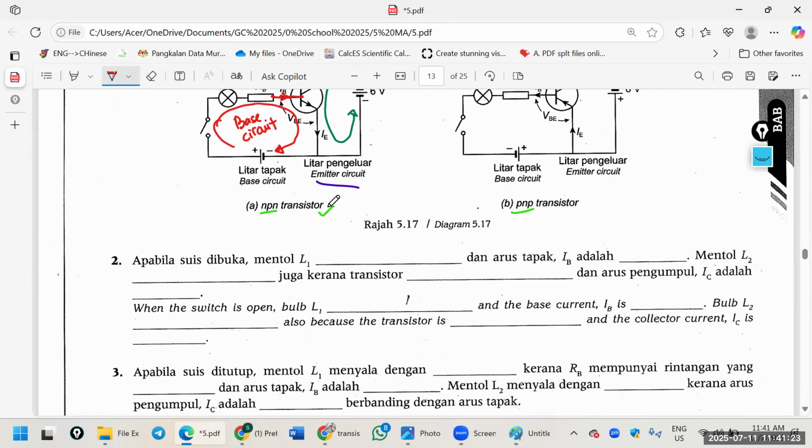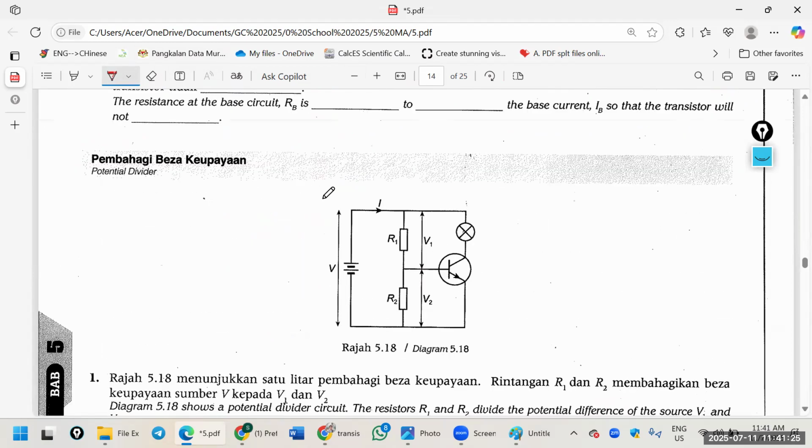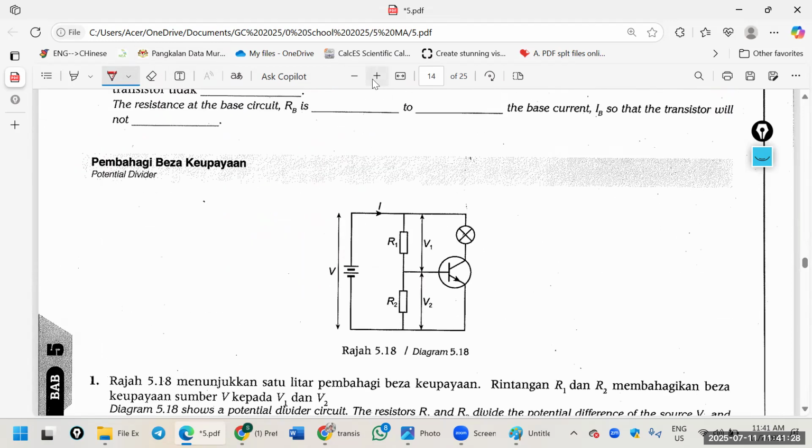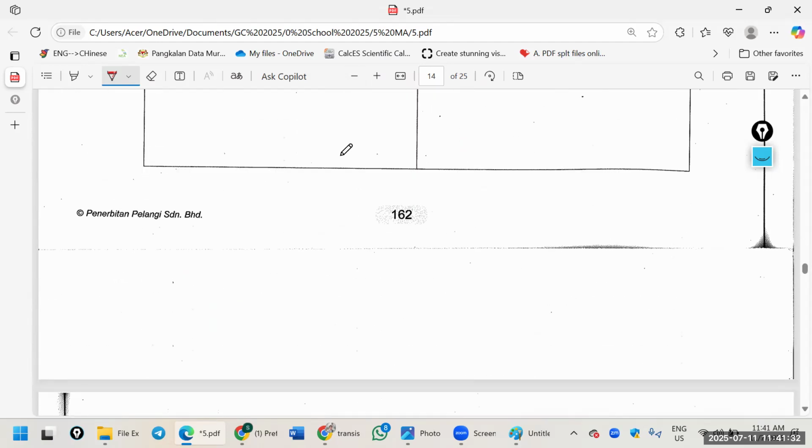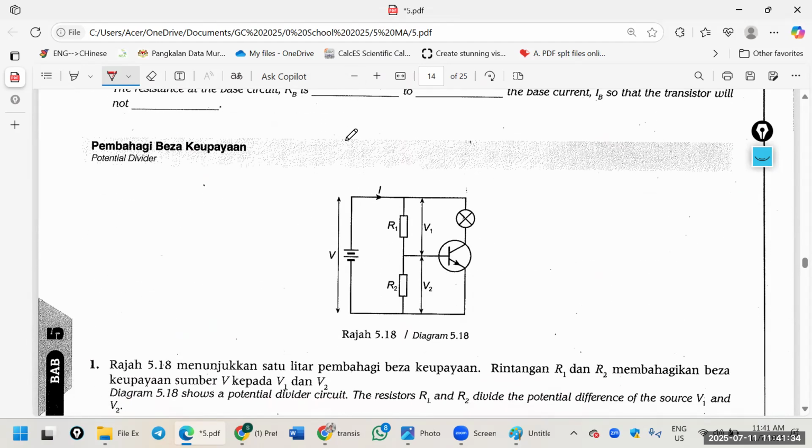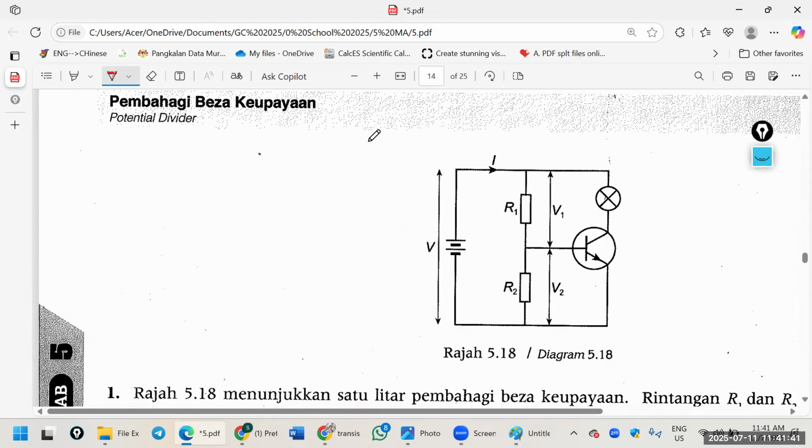Alright, so now next. Okay, next we come to a potential divider, on page 162. So this diagram, we can arrange a transistor in this way, but most of the time the transistor is at the center.